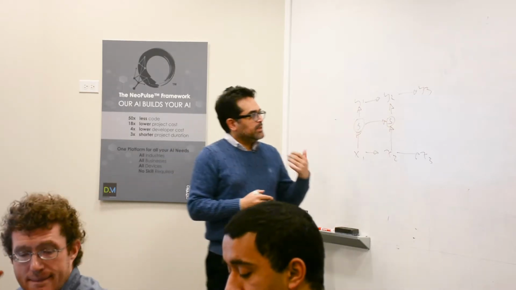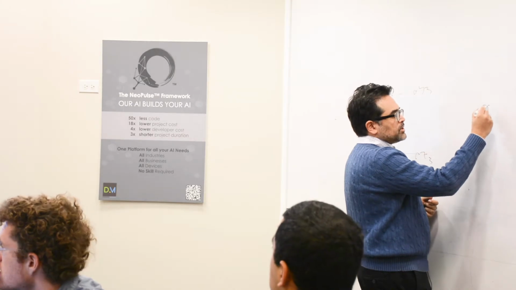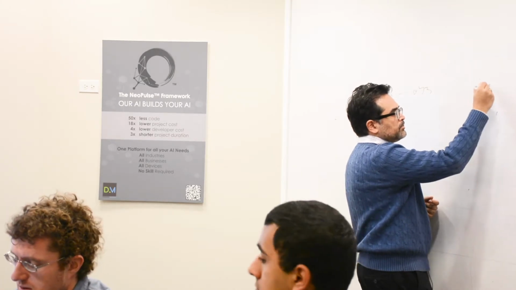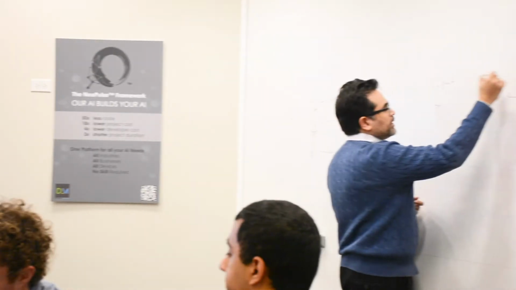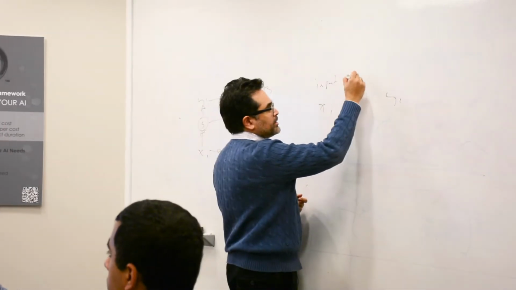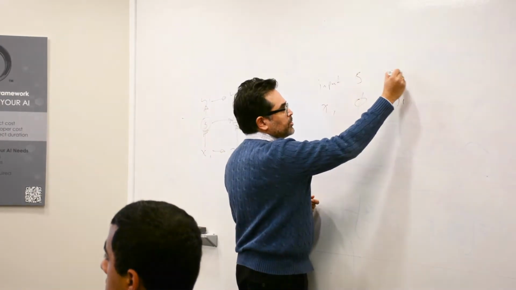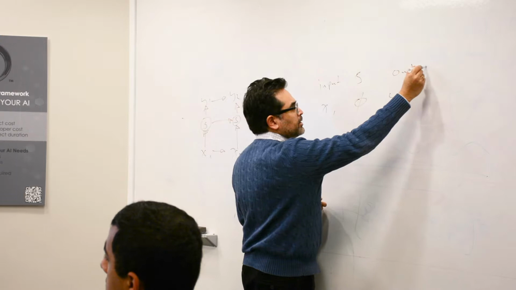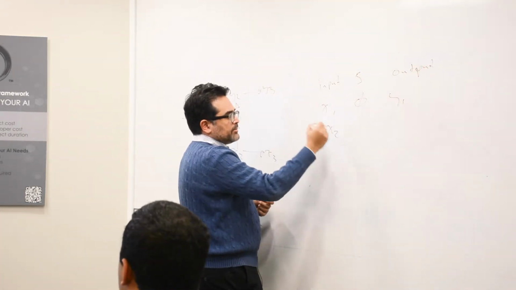So what it would look like is that your initial input would be x1 and y1, and then the state, which is nothing at the beginning, and the output. Then the next one would be x2, and that's dependent on that.